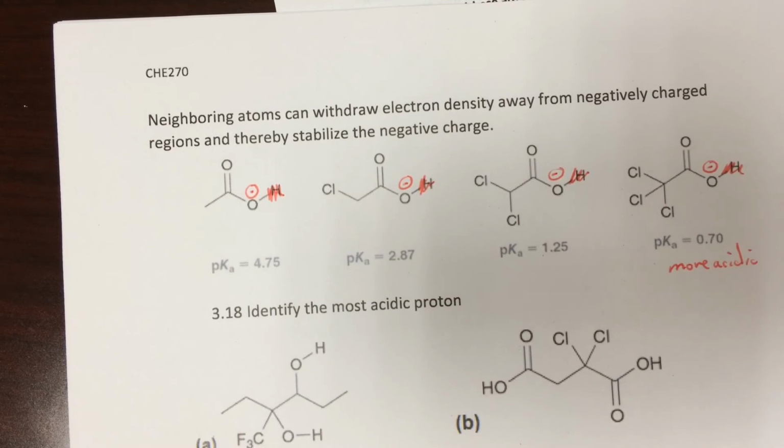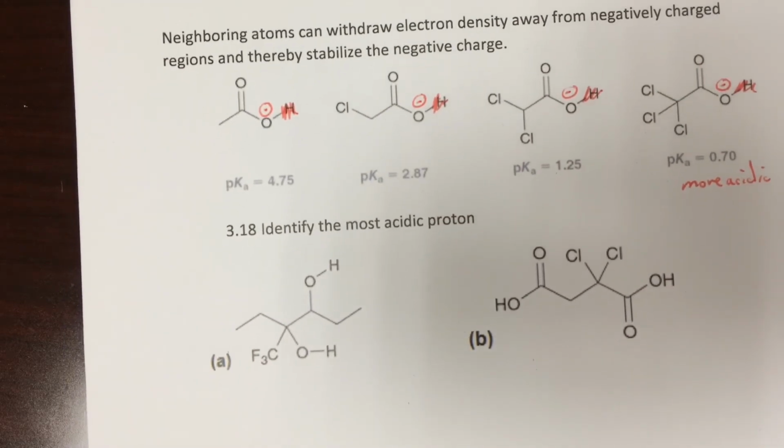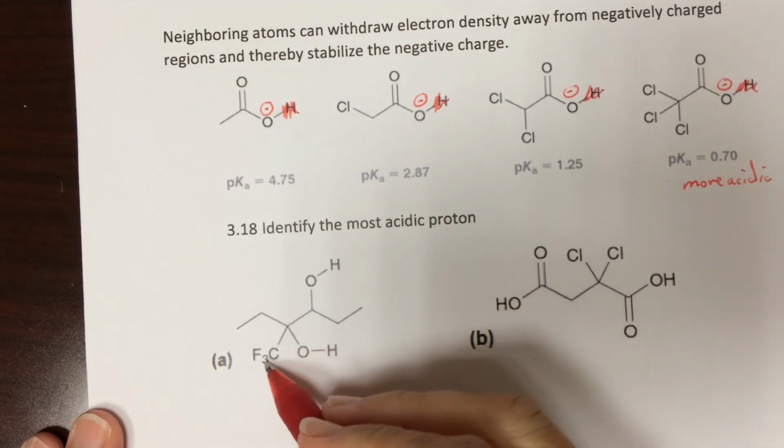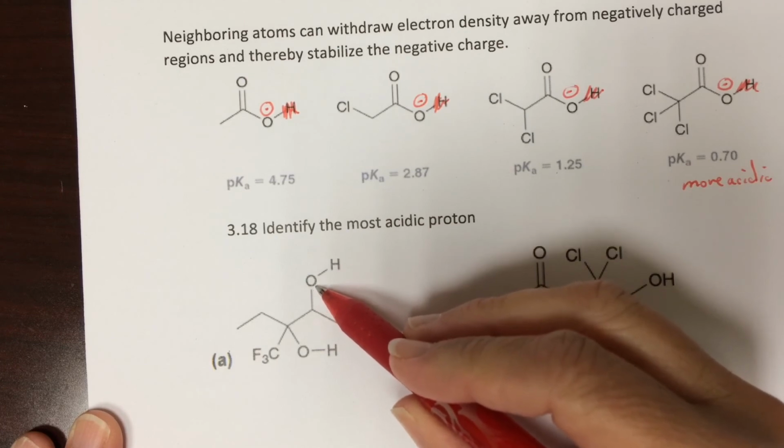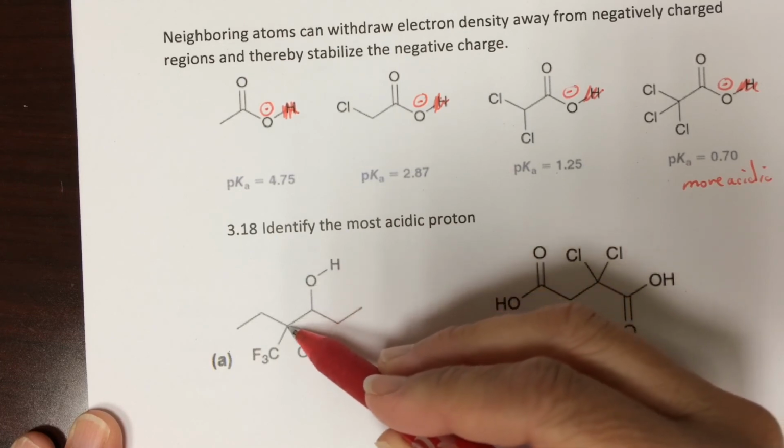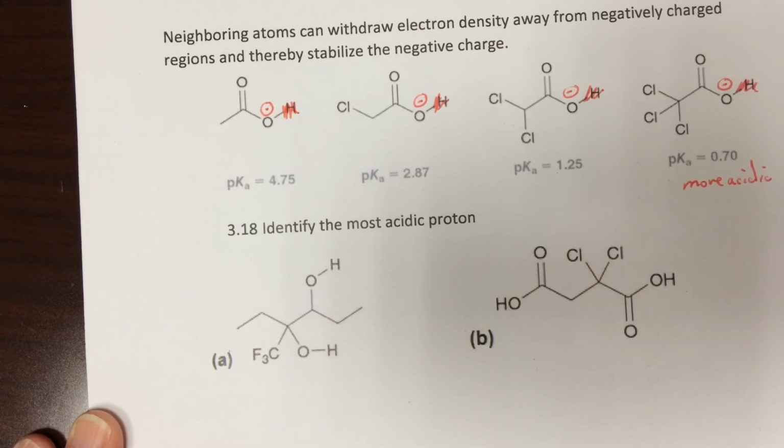So if you want to identify the most acidic proton in these cases, you'll find the one that's close to these fluorines. If we put a negative charge here, it's 1, 2, 3 carbons away from the fluorine.